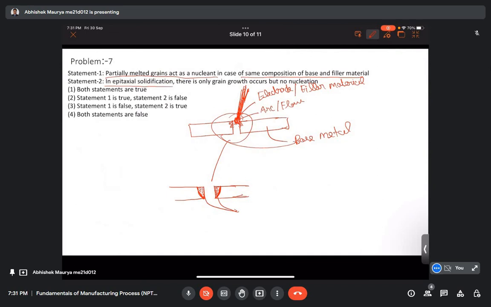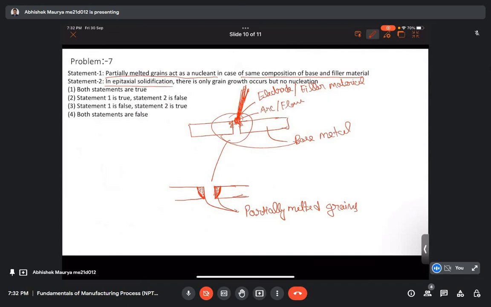Because of the transfer of heat, some amount of material near the flame or the heating source is getting partially melted. Here we are having partially melted grains.